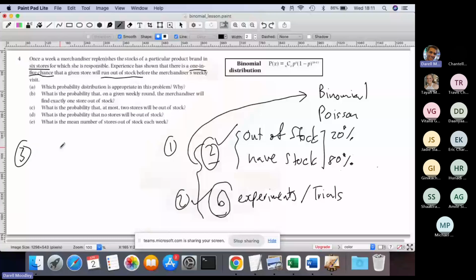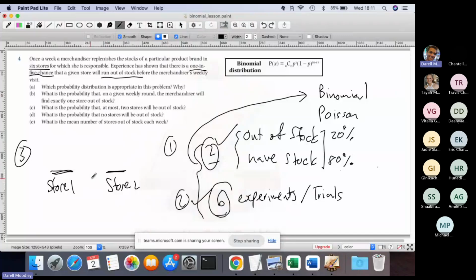What I mean by that is, if you look at what this question is saying, they're trying to determine whether a store will be out of stock or have stock. Now, if you have store 1 here, let's call this store 1, and there's store 2. There's no information in this problem to say that if this store is out of stock, then this would influence store number 2.